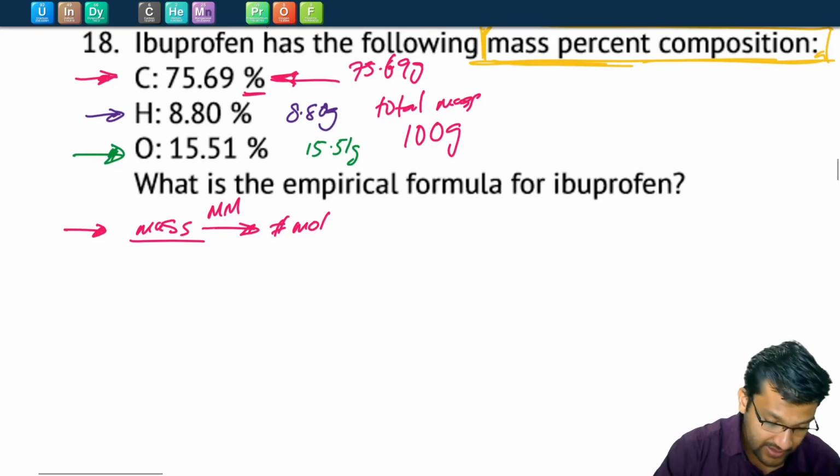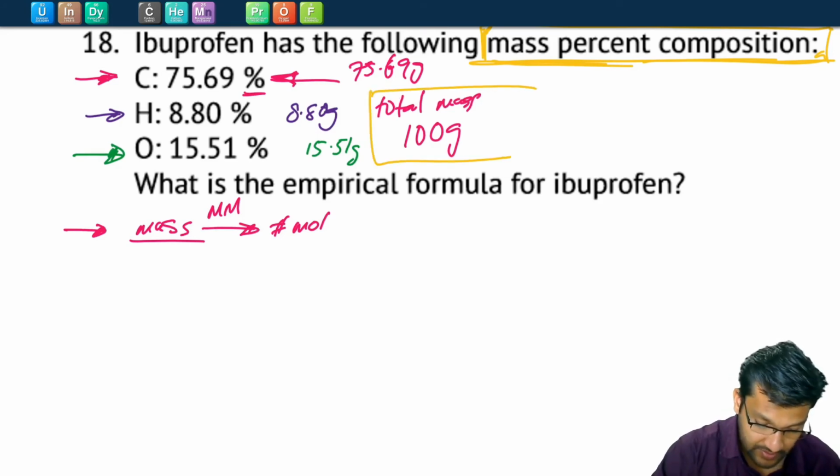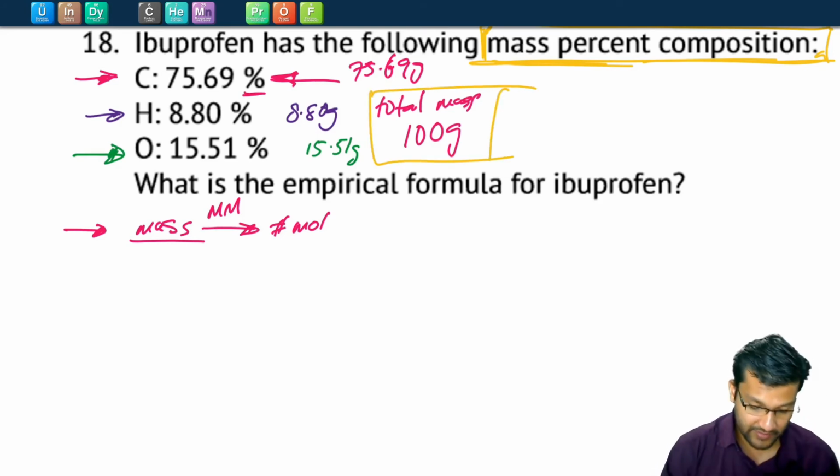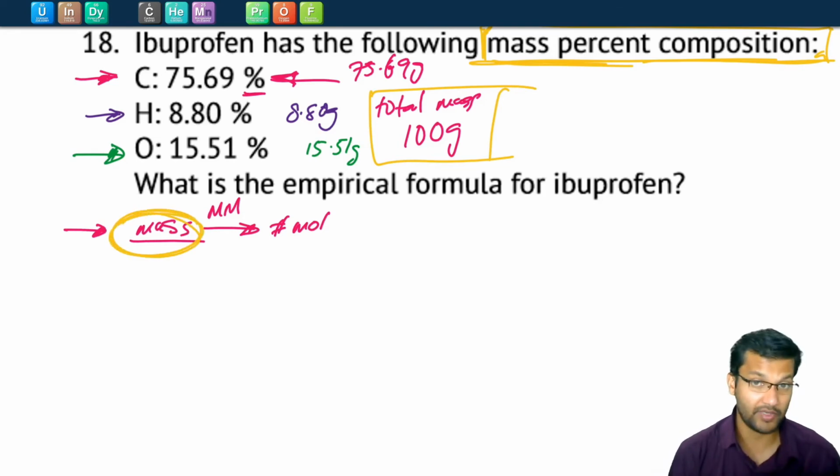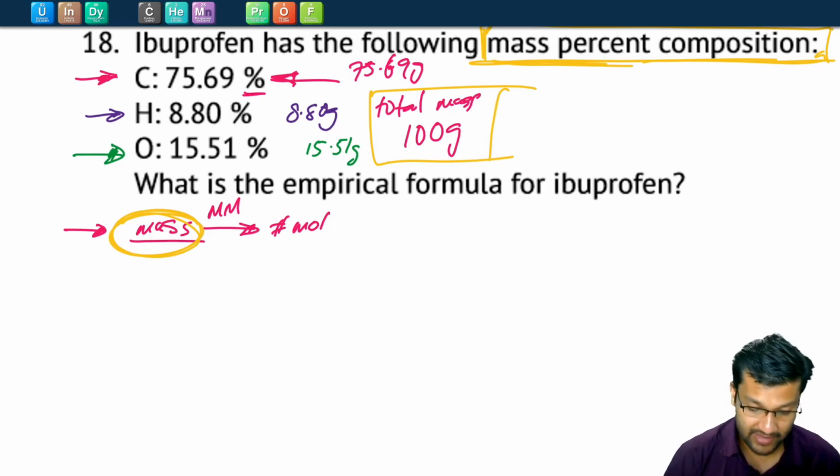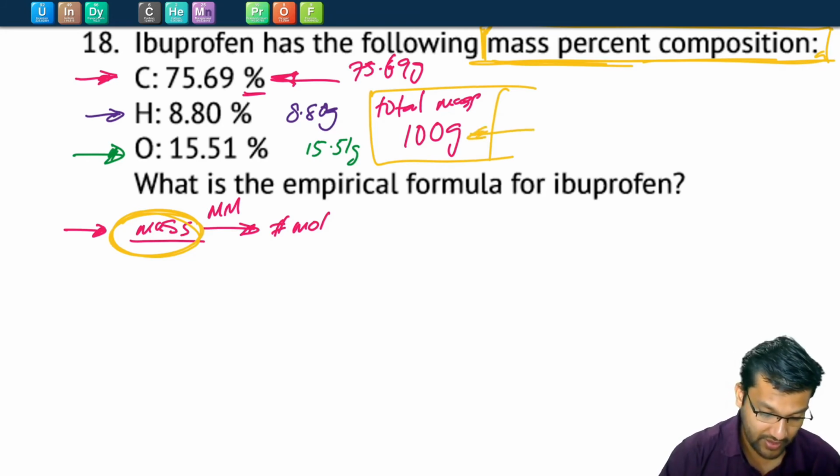By doing this simple assumption, we can easily get a mass that we can use in the calculation. You could use a different total mass and the problem will come out exactly the same, but we're just going to use 100 so that we don't have to figure out what masses these percents are.